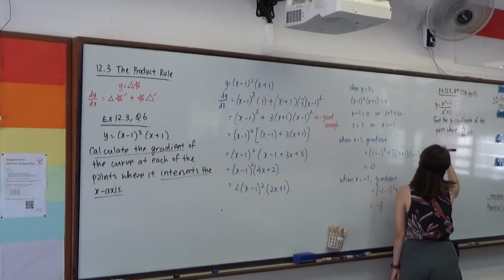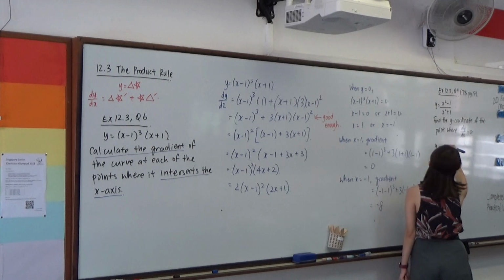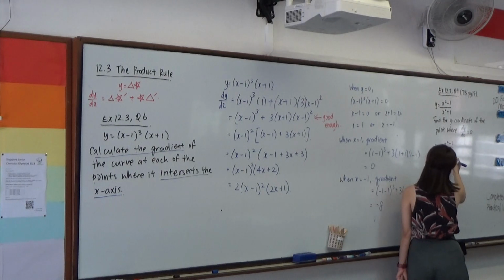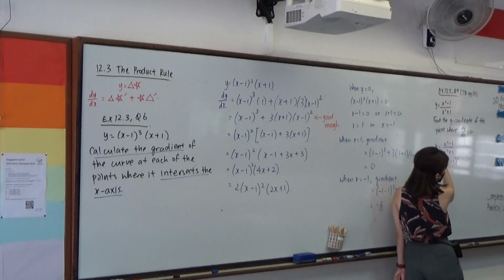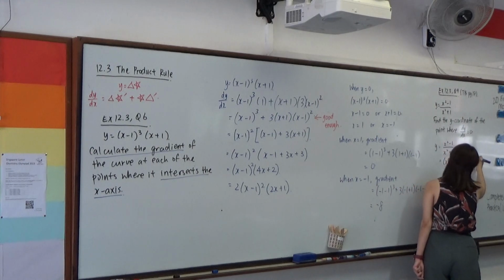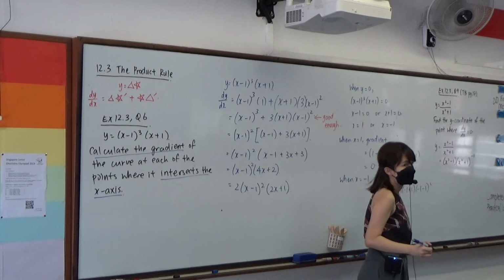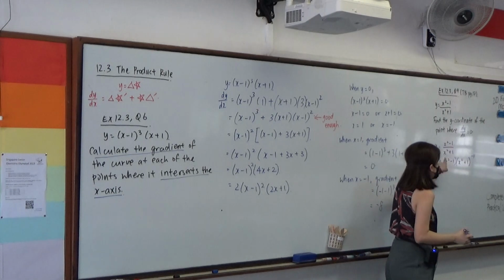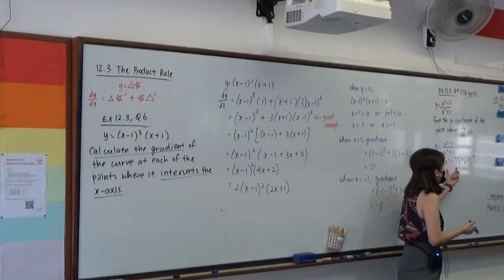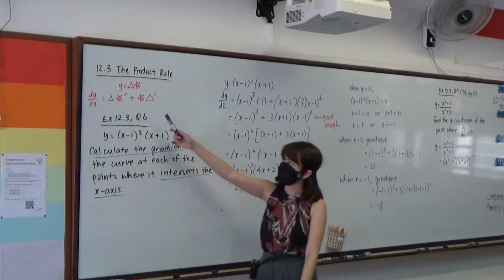But at this stage, we want to use the skills that we have. x squared minus 1 over x squared plus 1 is the same as writing x squared minus 1, bringing the x squared plus 1 up into the numerator, that means x squared plus 1 to the power of negative 1. So we can see this fraction we express into this form, which is a product of two things.